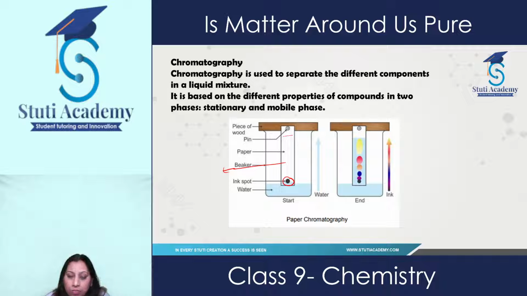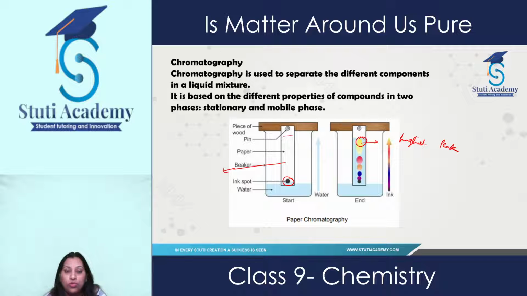And the substance which has the highest solubility rate moves faster and attains the highest position or peak position. So the more soluble will move faster and comes to the topmost position. In this manner, we can easily separate the different dyes present in a particular ink.